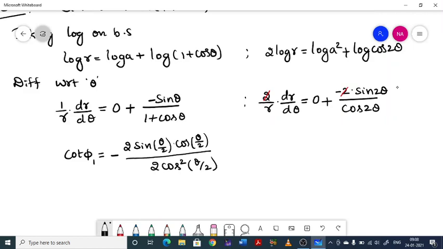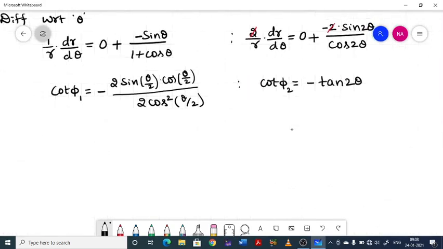So as I said before, here if there is plus, 2 cos square theta by 2, if minus, 2 sin square theta by 2. Keep that in mind. So this side cot phi 2 equal to minus sin 2 theta by cos 2 theta, that will be tan 2 theta.